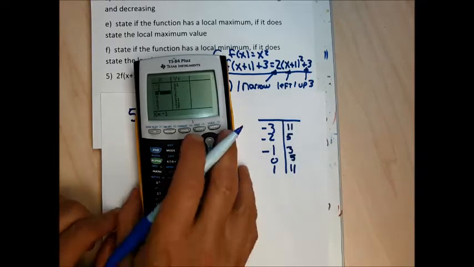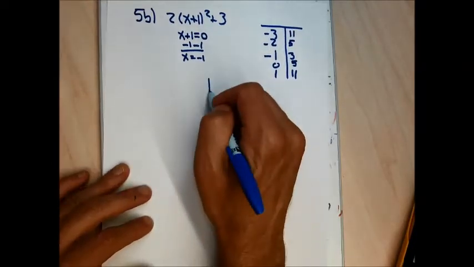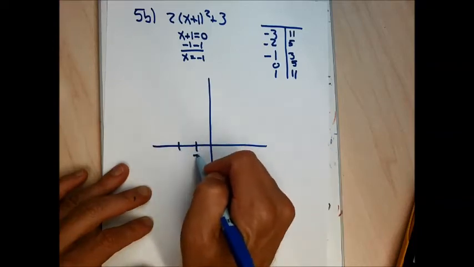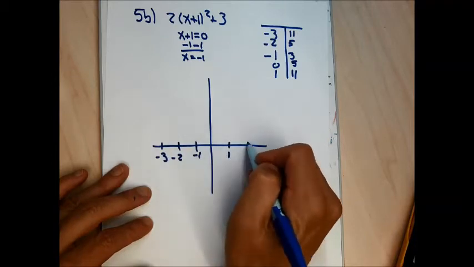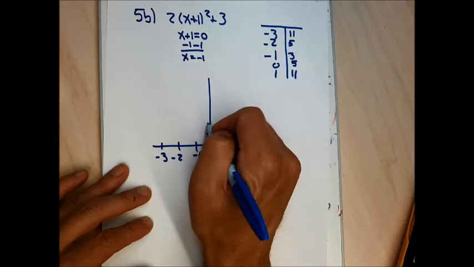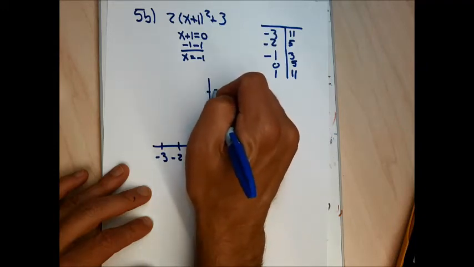So I'm just going to plot those points, and that'll be my finishing up for part B. I didn't take the time to print out any graph paper, so it takes me a little bit longer here. And because of that, I'm not going to plot the points with the 11s because they're going to get too high for me to deal with.